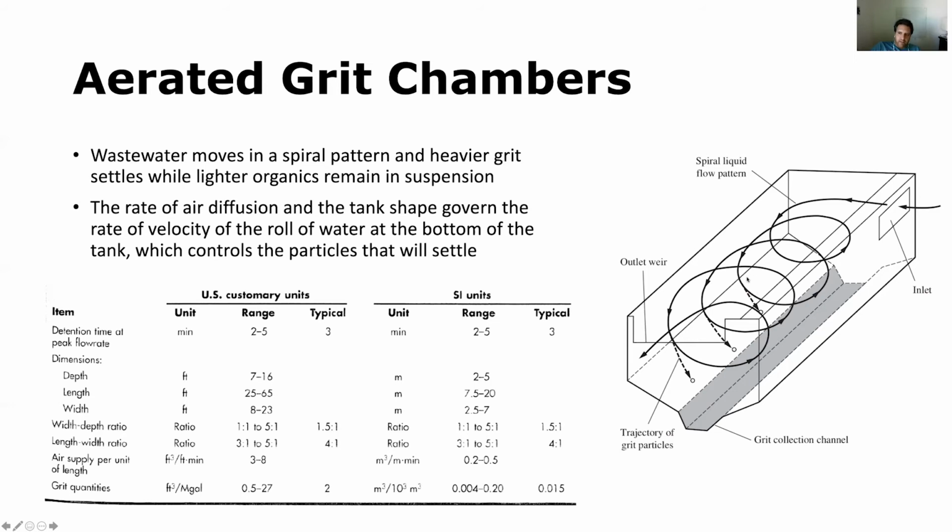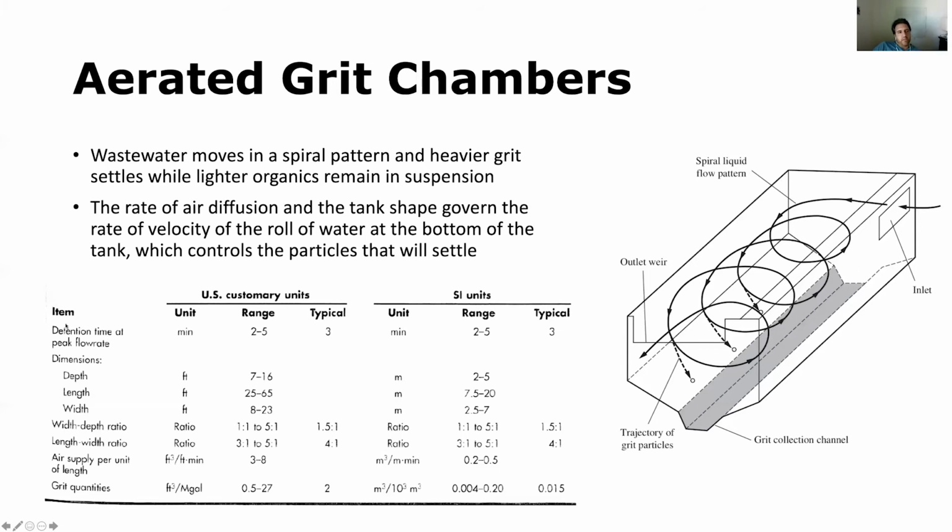This drives those heavier particles down to the bottom, where you have a grit collection channel that collects all that grit, and the liquid effluent goes out of the system through a weir. So the heavier grit settles while the lighter organics remain in suspension. The rate of air diffusion and the shape of the tank are what govern the velocity and the flow of the water and how it rolls particles down to the bottom of the tank.